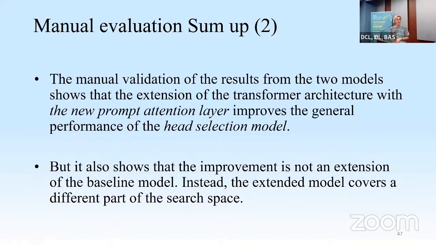But it also shows, and this is the downside that we should work on, that the new model is not an extension of the baseline model. It's not just an extension, but it seems that they cover different search spaces. So at some point, we would like to have a model that extends over the previous one, but not just to have these discrepancies.